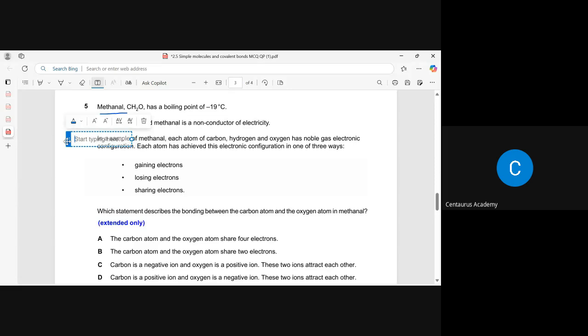So methanol is basically an aldehyde. I don't know why it is not typing. So it is CH2O, which has a boiling point of negative 19 degrees Celsius.